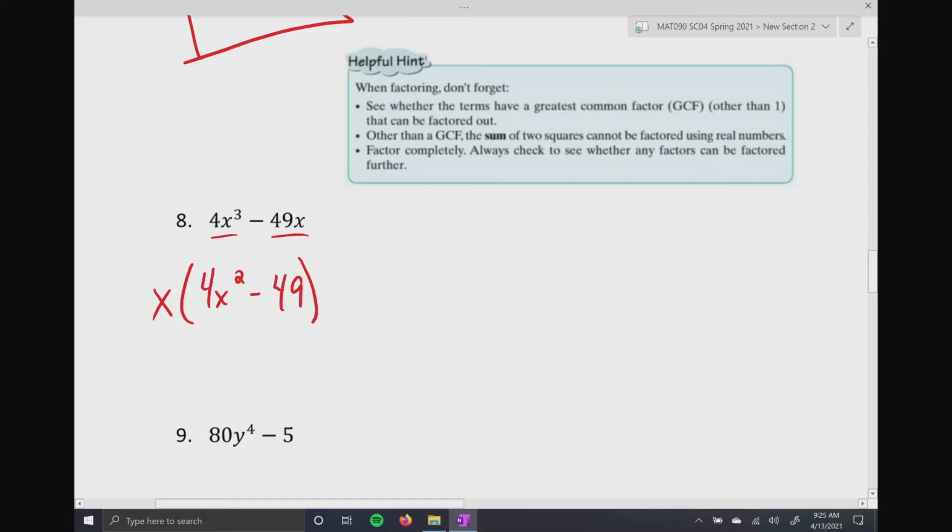Okay? So now that I factor out an x, I still got to ask myself, can I still factor? Well, if you look inside the parentheses, you got a minus sign and perfect squares. So this can be factored down into 2x plus 7 and 2x minus 7.